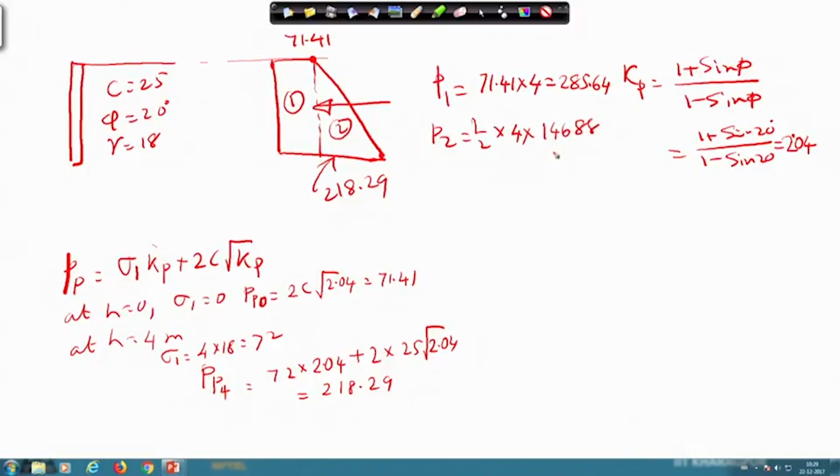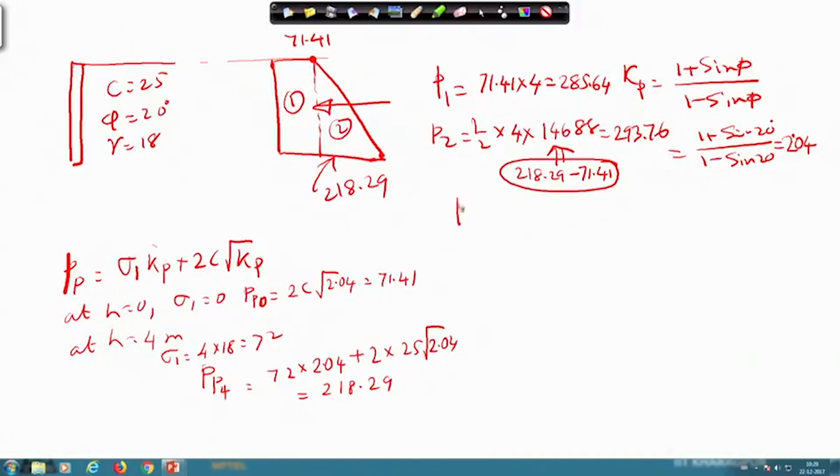How do we find this 146.88? This is 218.29 minus 71.41. From here, P2 comes to 293.76.